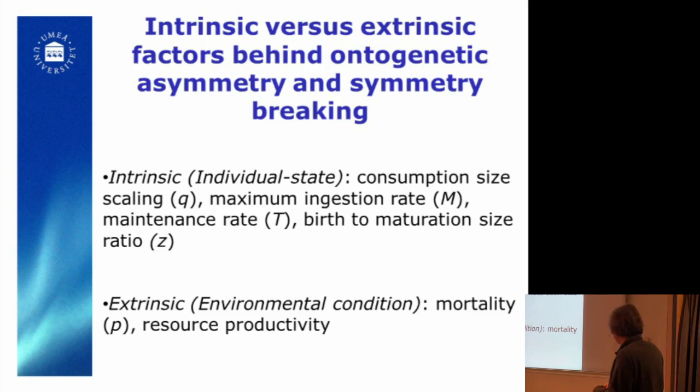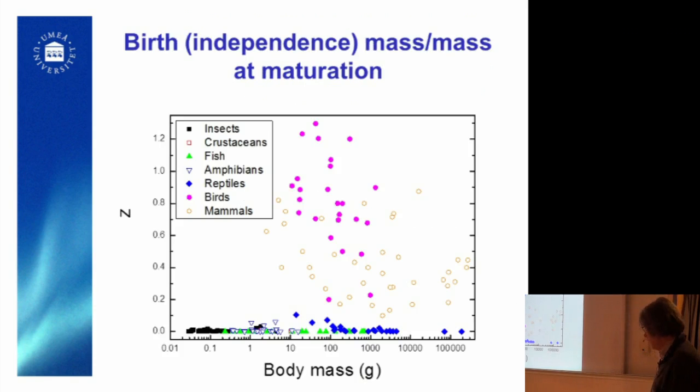So the question is, if we now do a further analysis considering both Z and mortality, what is the parameter room for ontogenetic symmetry, unstructured theory, and ontogenetic asymmetry? Well, this Z, the birth to maturation ratio, is also interesting because it shows a substantial variation in different groups.